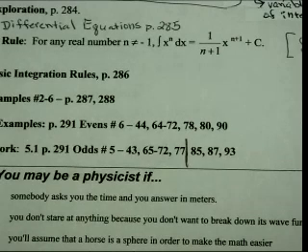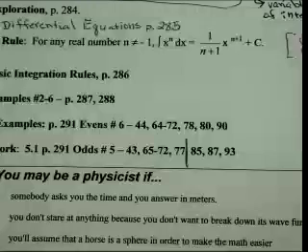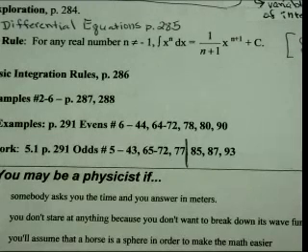If I give you the position function, what does the first derivative give you? The first derivative gives you velocity, and the second derivative gives you what? Acceleration. So if I give you an acceleration function and you anti-differentiate it once, what's that going to give you?